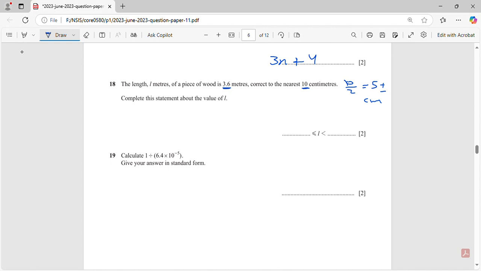To convert from meter to centimeter, times 100, perfect, so it will be 360, right? So 360 centimeter. Once plus 5 it will be 365, minus 5 it will be 355.